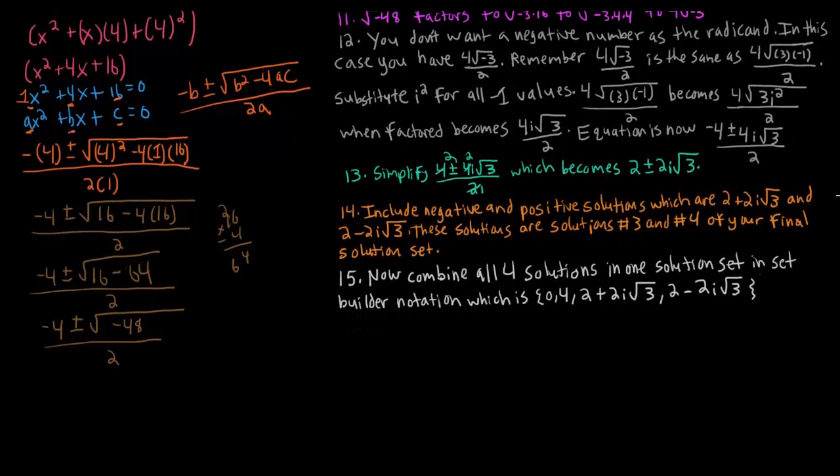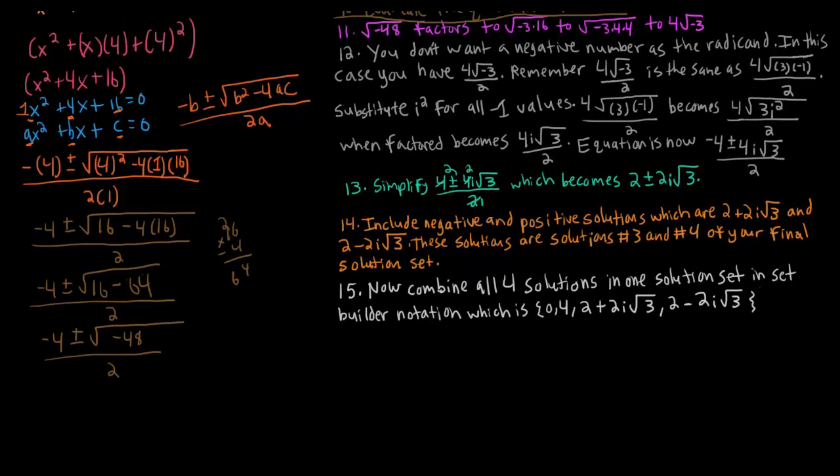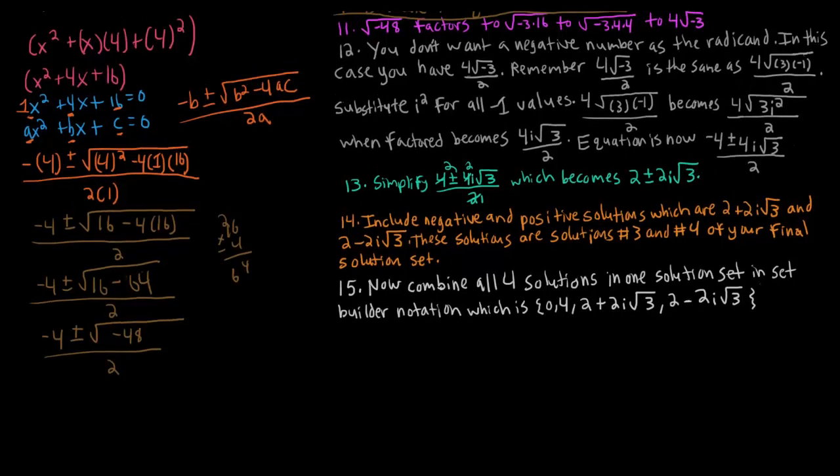And then for step number 11, the square root of negative 48 factors to the square root of negative 3 times 16, to the square root of negative 3 times 4 times 4, to 4 square root of negative 3.